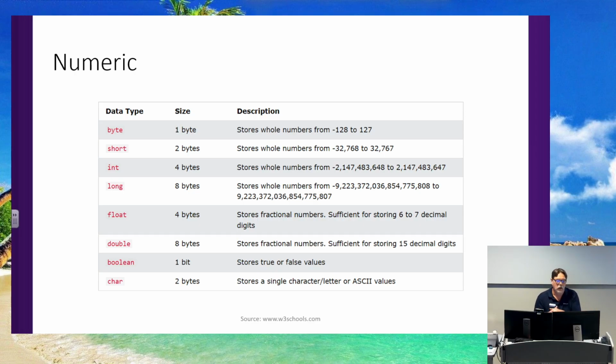But the reason why we even talk about these is because in general you want to try to pick the right tool for the job. Whatever variable you're about to declare, pick something close to the right data type for the task at hand.